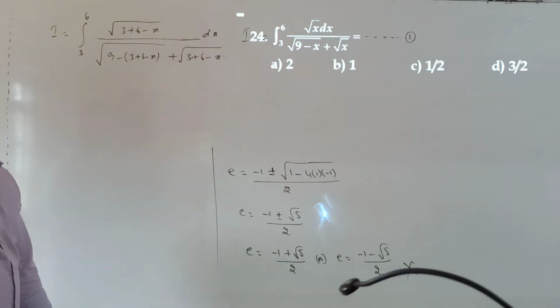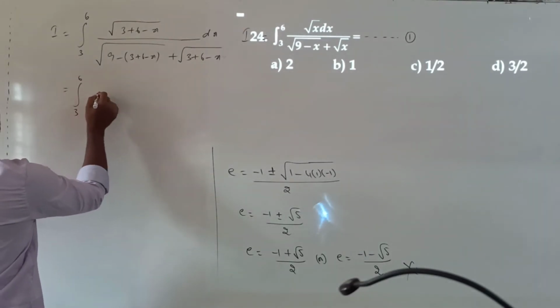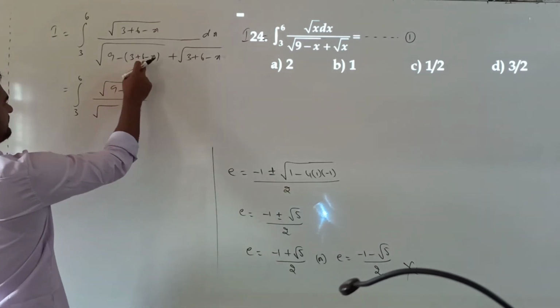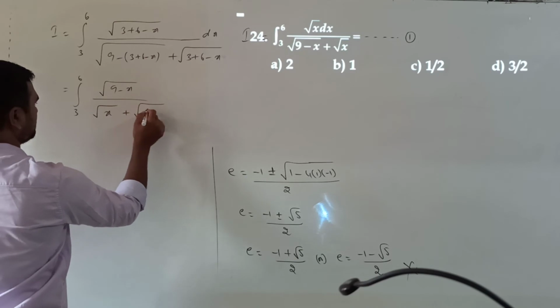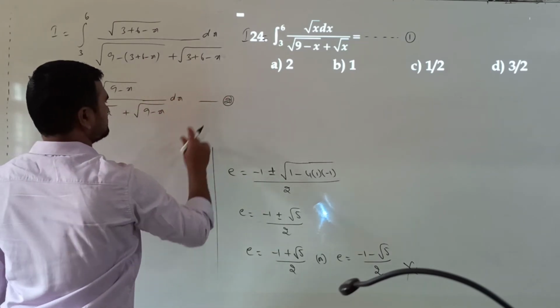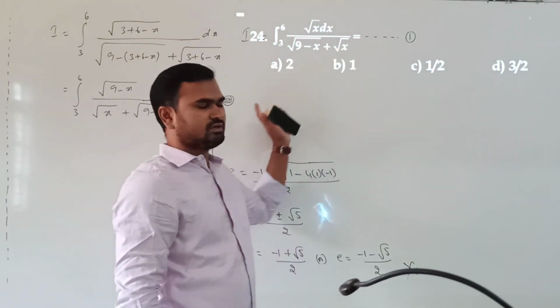This is 3 to 6 root of 9 minus x; the 9 will get cancelled, minus into minus is plus x, over root of 9 minus x plus root x. So this is after applying the property, and this is before applying the property.